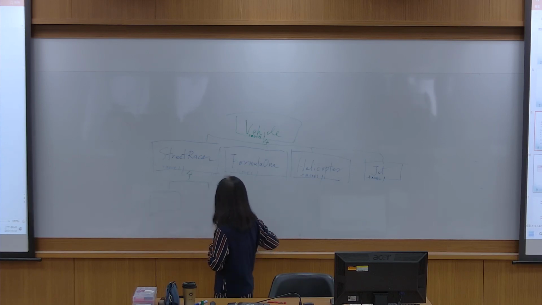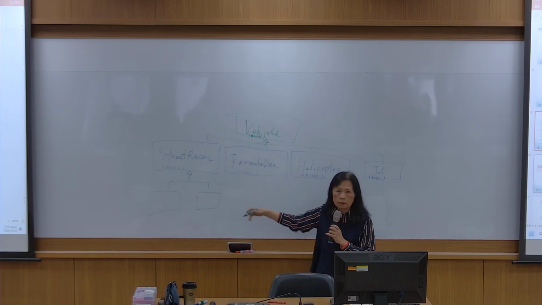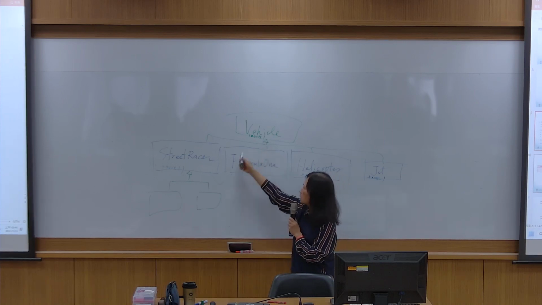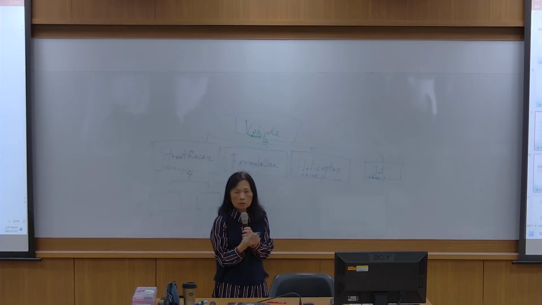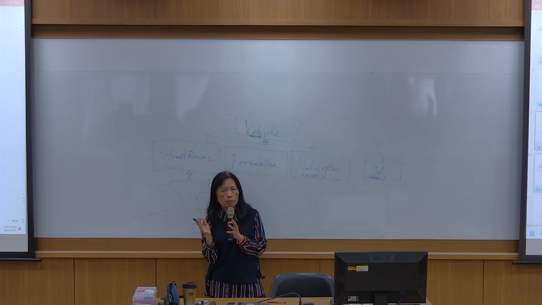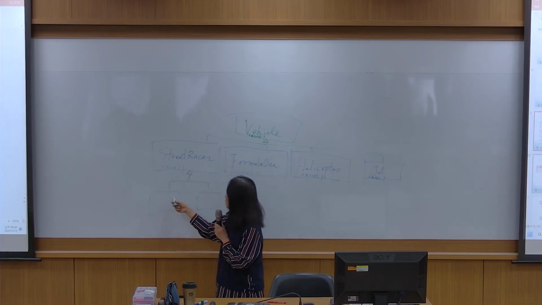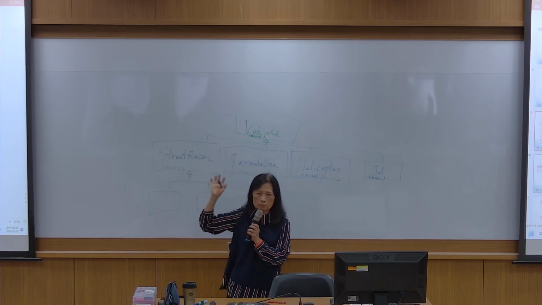It's multi-level. Okay, multi-level. We can override this, and the child of Street Racer can also override it, alright? Then we may have problems, right? Because with a lot of overriding, we may have problems.